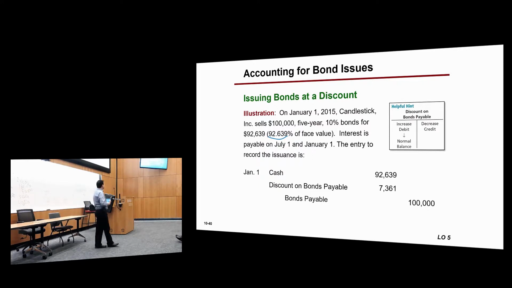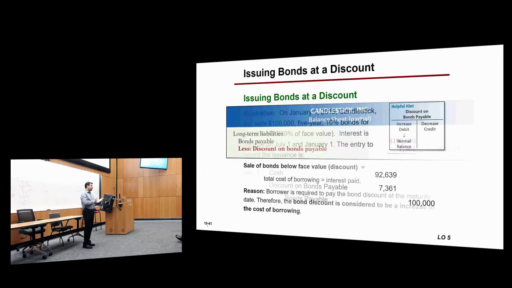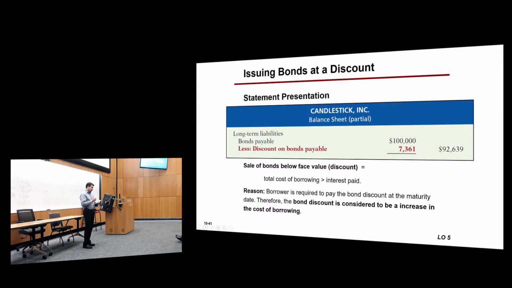Okay? So in this case, this is a contra account that will be deducted or subtracted later on from bonds payable. So it will be bonds payable less discount on bonds payable. That will be the amount. Any questions? So this is how it will look. Now, this is what we call the carrying value or the book value.